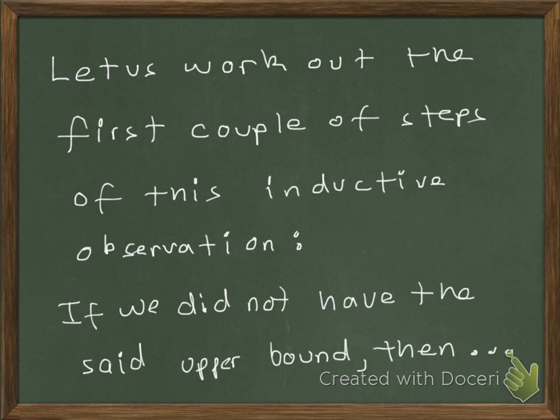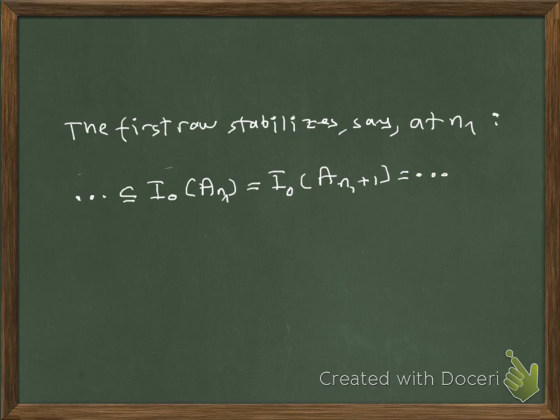Let's work out at least the inductive part of this observation. If we didn't have that upper bound mentioned earlier, then here's what would happen. Let's say the first row would stabilize at the first index, whatever that index is. Then this is what happens, as you see on the screen.